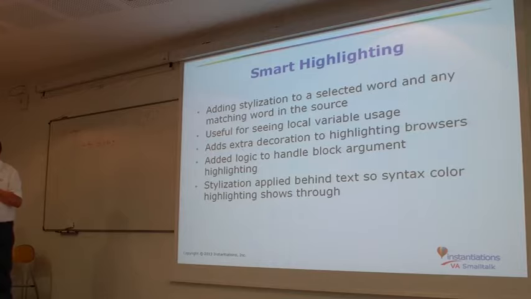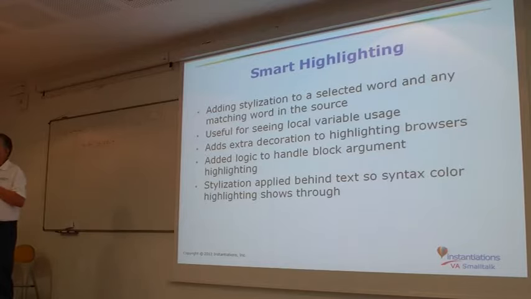The notion of doing smart highlighting is another important feature that Scintilla brought to us. So when you highlight a word, a string in a method, smart highlighting says, I'm going to also highlight every other place in that method that contains that same string.